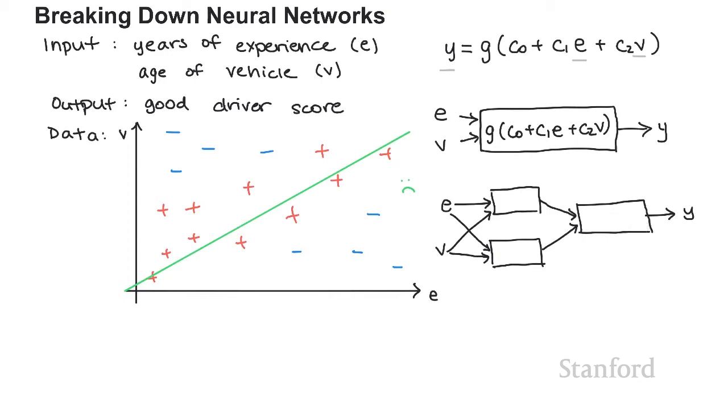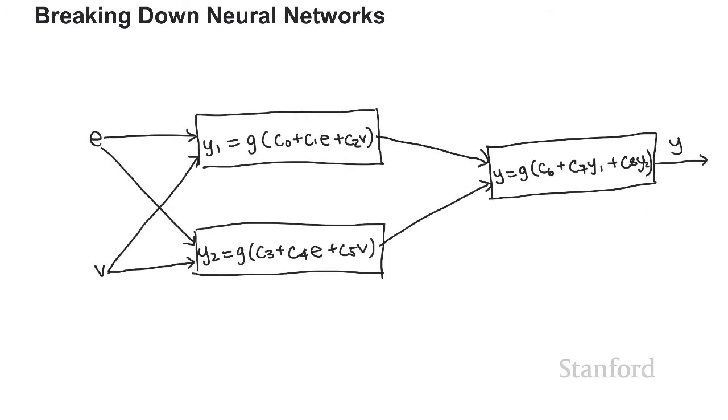So instead of taking in either E or V, it takes in the outputs of this one and this one. And this gets passed in through a similar logistic function that looks like that and outputs our final answer. So zooming into the picture a little bit, we have three neurons, 1, 2, and 3, and they're laid out into two layers.